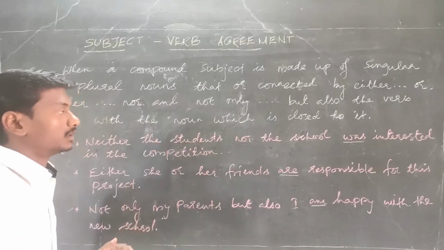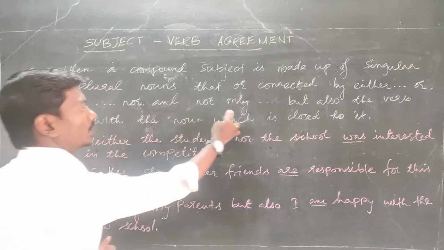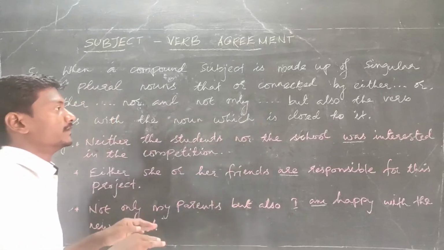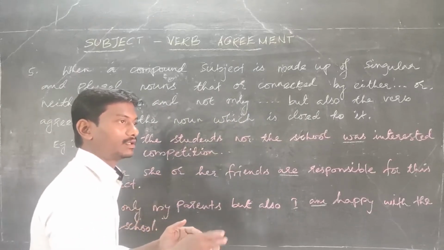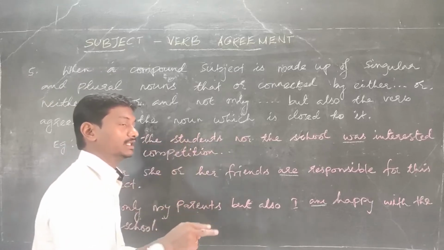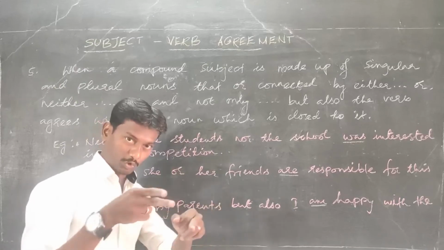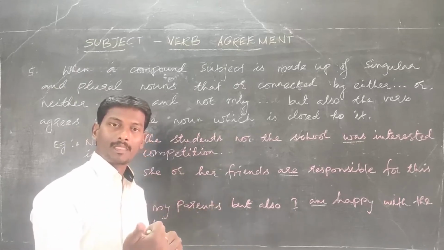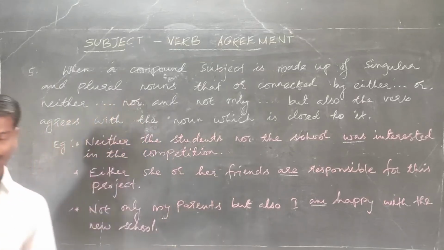That is what it says here: either or, neither nor, not only but also. If those come, we have to take the second noun. If the second noun is singular, we write the singular verb. If it is plural, we write the plural verb.